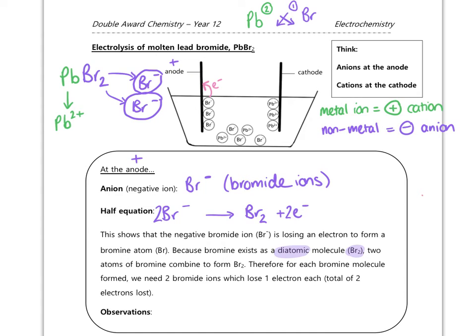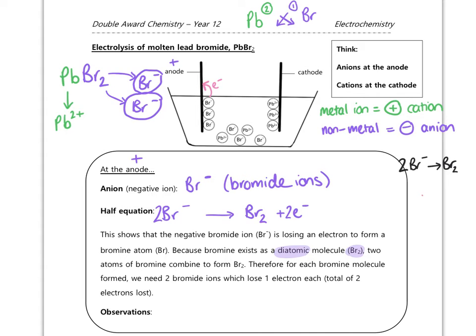Essentially what we've done there is we've written a half equation. To run you through that quickly again, essentially what we've got here is bromide ions forming bromine. But we know that bromine does not exist as single atoms, it exists as a diatomic molecule. And then you're going through your steps of writing a half equation. The first thing is to balance the atoms. I have 1 bromine atom on the left and 2 on the right. So I need to put a 2 in front of my bromide ion on the left.